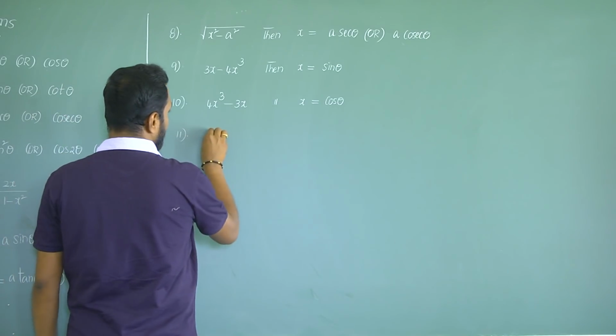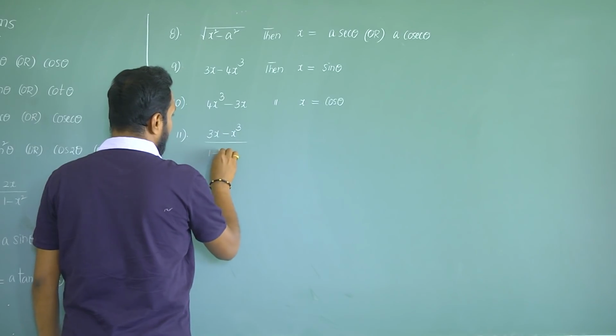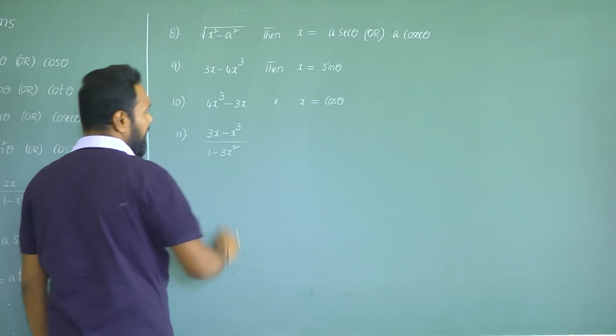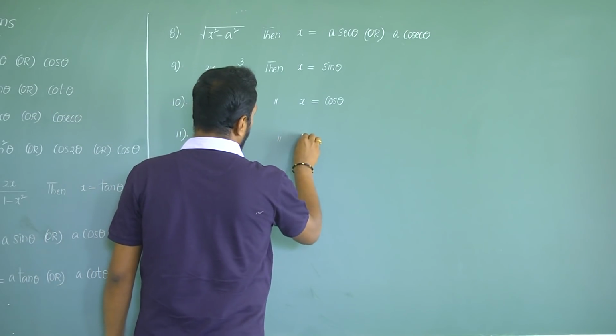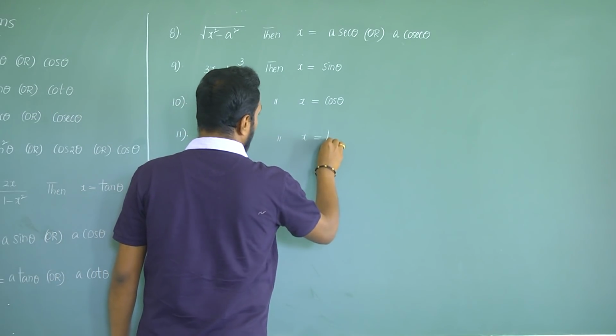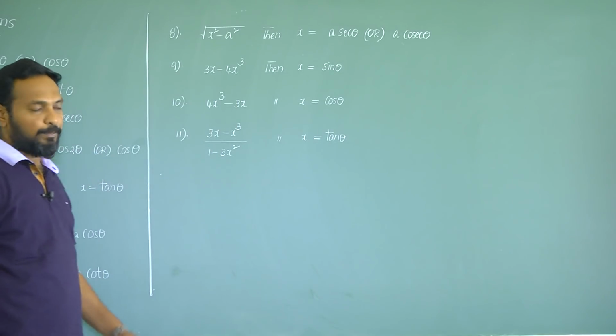11th one. 3x minus x cube divided by 1 minus 3x square, this is the formula for tan 3 theta. So we have to assume x equals tan theta.